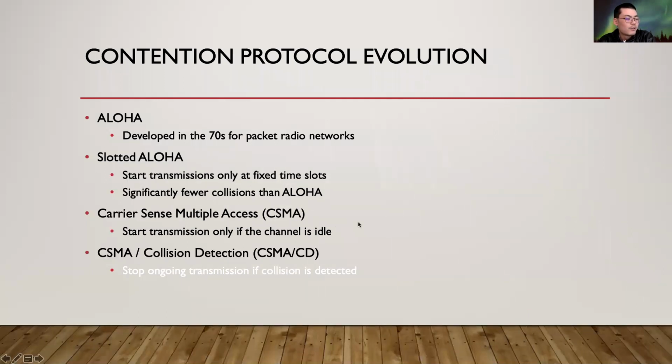The fourth method is called CSMA/CD, which is the same as here, but CD means collision detection. This means that we will adopt collision detection: stop ongoing transmission if a collision is detected. The reason is that everyone is on the same piece of metal. Maybe you are sending, and while you are sending, other people are also sending.